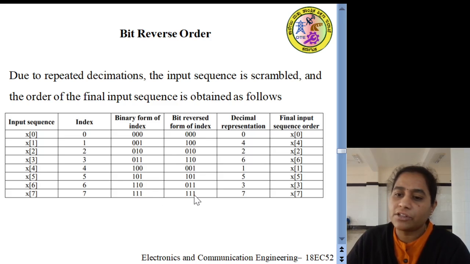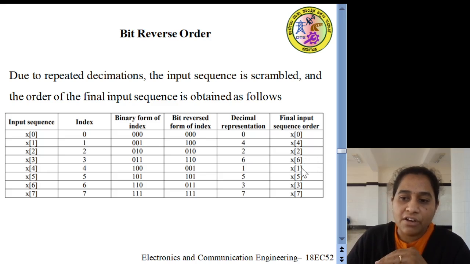If we reverse, we also get the same thing. So if we represent these indices in decimal, we obtain 0, 4, 2, 6, 1, 5, 3 and 7. The final input sequence order we obtain is x of 0, x of 4, x of 2, x of 6, x of 1, x of 5, x of 3 and x of 7.